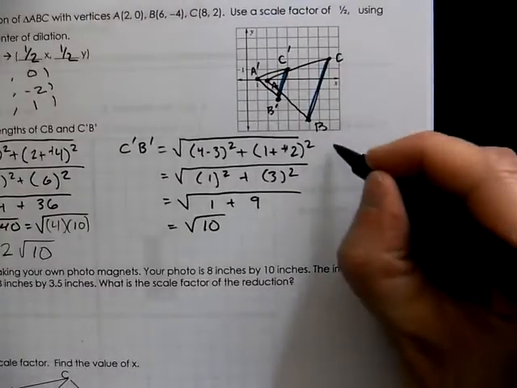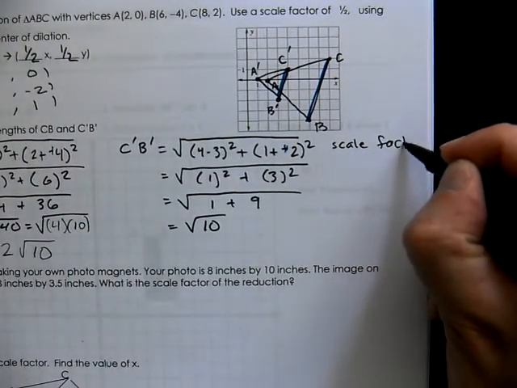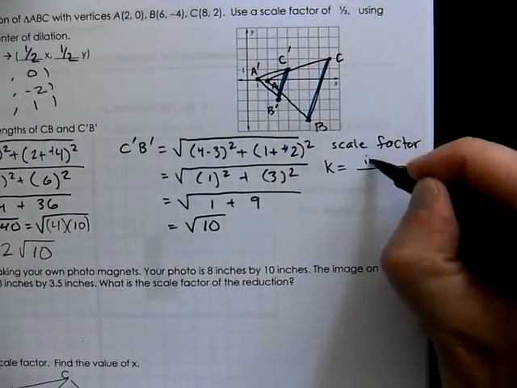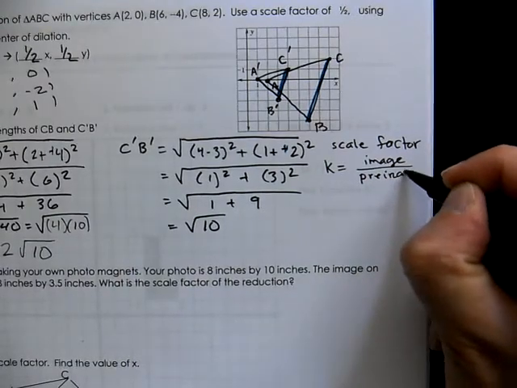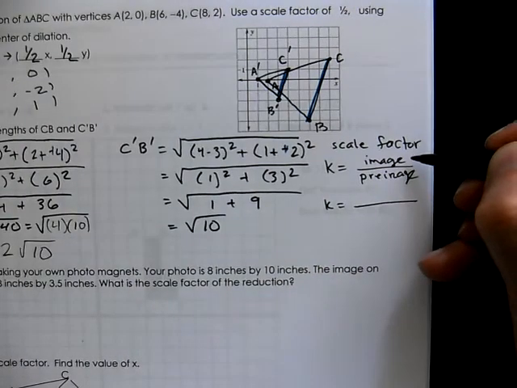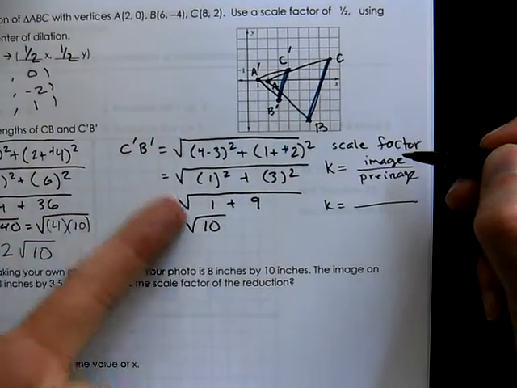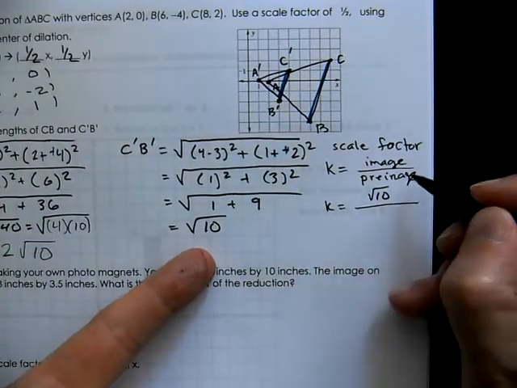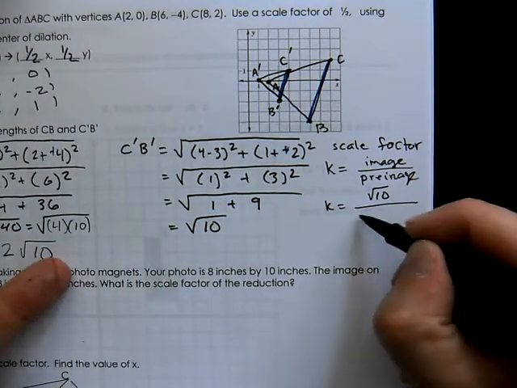So essentially what we're doing is finding the scale factor. Alright, so which one is my image? That's the one with the prime notation. So there's the prime notation. That's the length of root 10. Which one is my pre-image? That was the original without the prime notation. That was the 2 root 10.